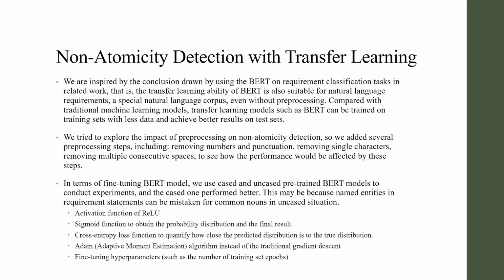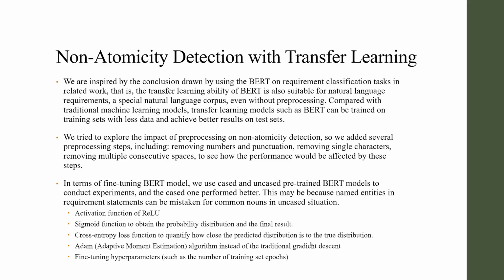In terms of fine-tuning the BERT model, we use the cased and uncased pre-trained BERT models to conduct experiments, and the cased one performed better. This might be because named entities in requirement statements can be mistaken for common nouns in uncased situations. On top of the pre-trained models, we fed the output of BERT into a convolutional neural network structure.